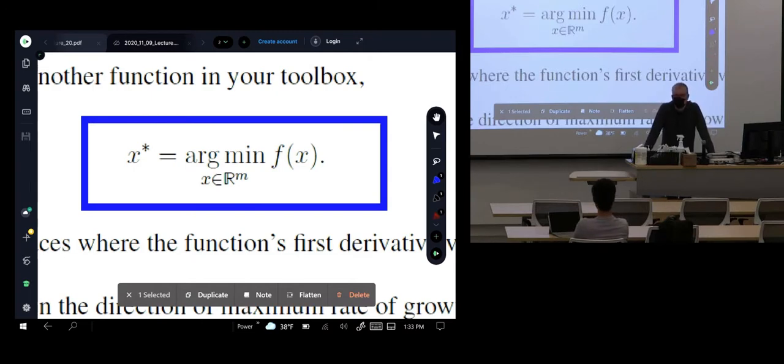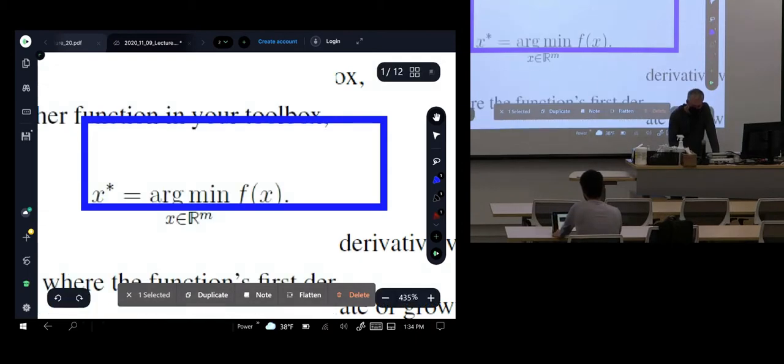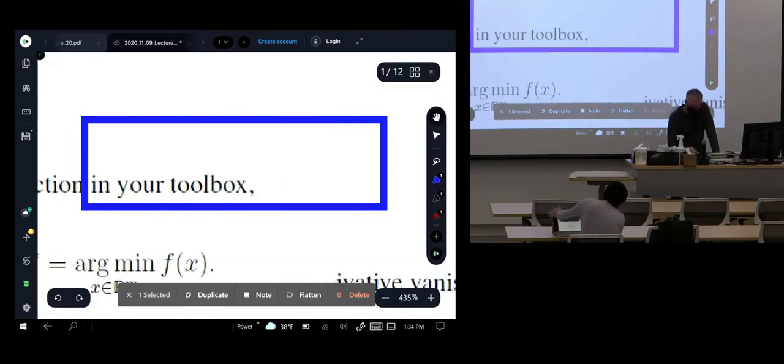And the answer is no, but there are packages that help you calculate argmin. What Mani is going to show you in this lecture is how to look inside the black box of what these actual packages are doing. And so Mani will come up here in just a second to get things going.